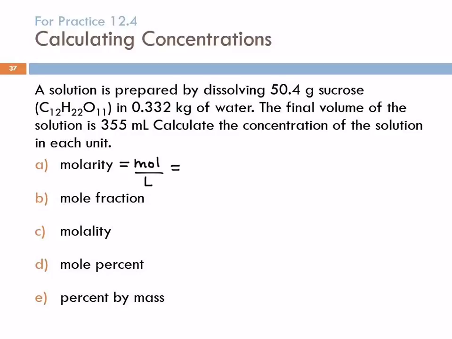Well, we're given grams of sucrose. We have to convert that to moles. So I'm going to do that up here. 50.4 grams of sucrose. We need the molar mass, which I don't trust my memory on this one. 12 times 12.01 plus 22 times 1.008 plus 11 times 16, 342.3.